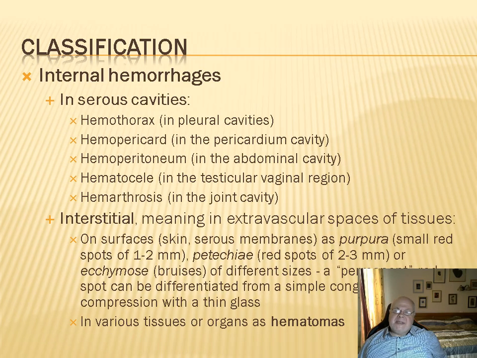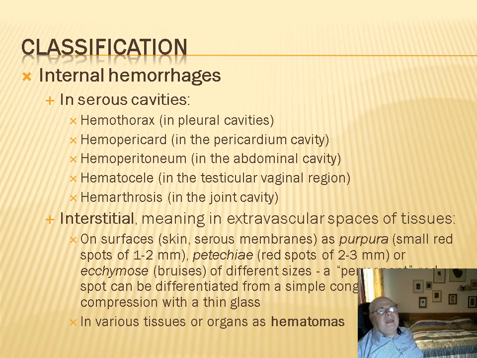Internal hemorrhages are inside the cavities or inside the organs of the body, but which are not connected with the external surface, so they will not become apparent at all. These are the most dangerous ones because they are quite difficult to diagnose, being related with a much higher level of lethality because of this difficulty in diagnosis.